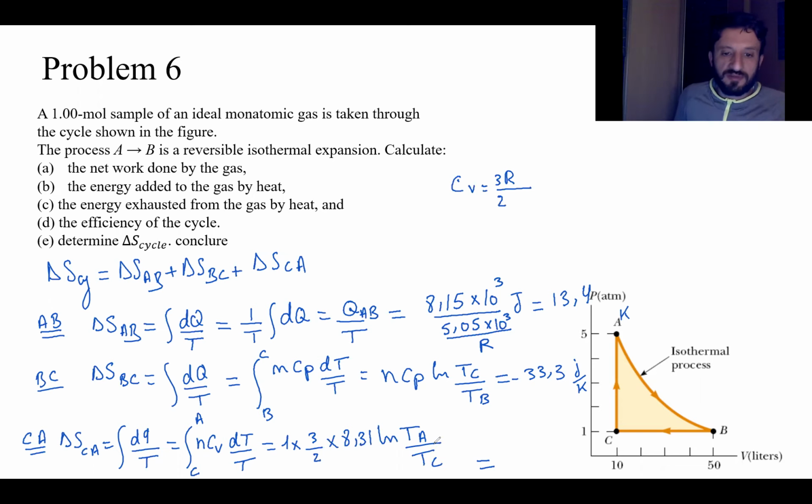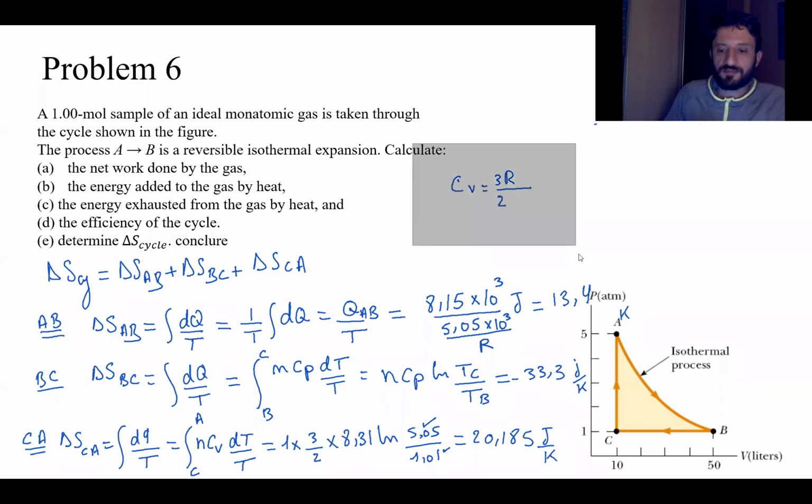Also, we calculated the values of TA and TC. I come back to the result. So we have TA divided by TC. The value will be 20.185 joule per Kelvin.